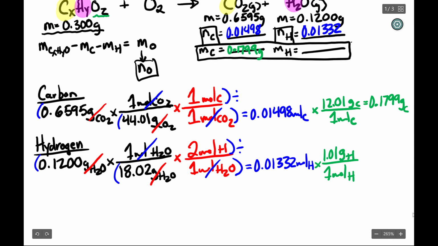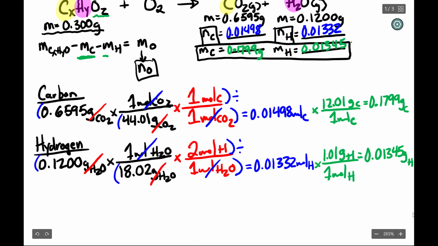So typing that into my calculator, I get a value of 0.01345 grams of hydrogen. Okay, so I'm going to bring that up here, 0.01345 grams.